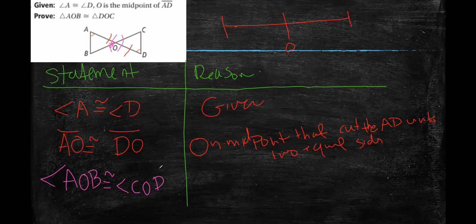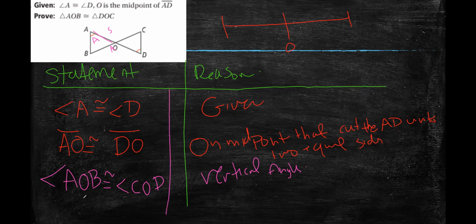AOB, this angle, is congruent with this angle? Yes, because they are vertical angles. So look back now at my triangle here. In this triangle, what did you have? You have angle, side, angle, and the side is included between these two angles.